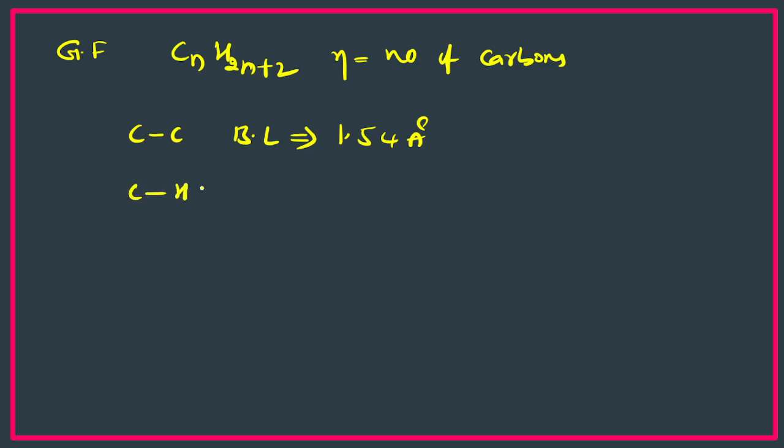And the carbon-hydrogen bond length is 1.09 angstroms. The bond energy is nearly 415 kilojoules per mole.